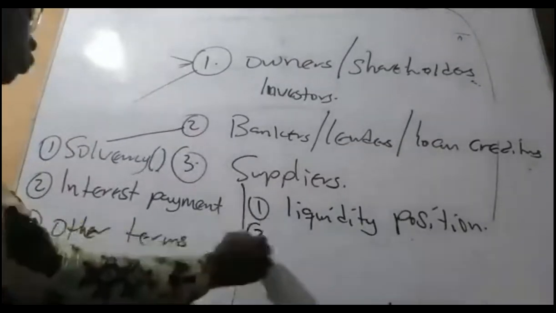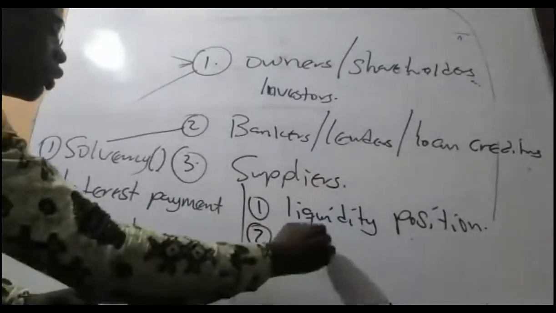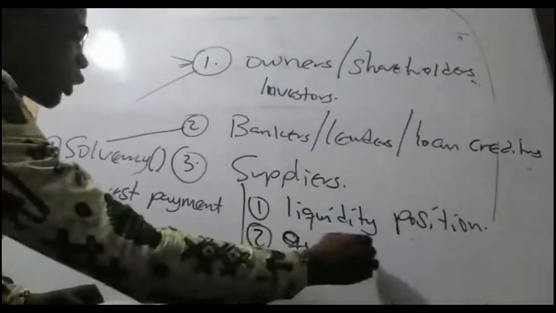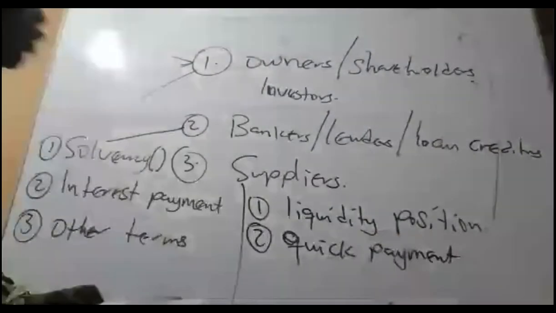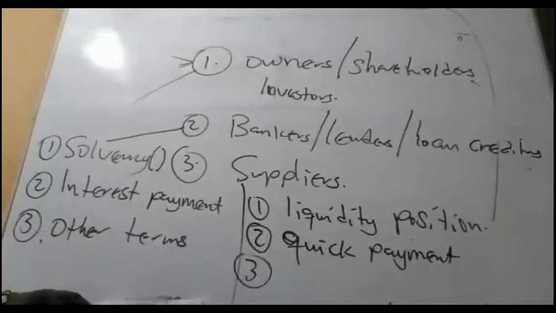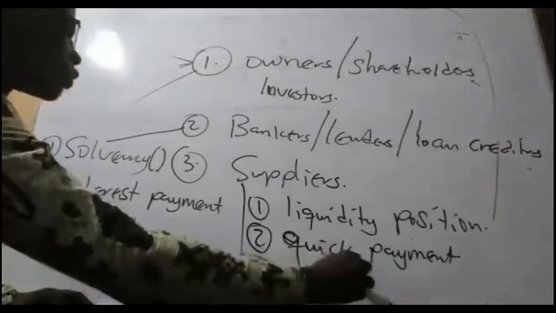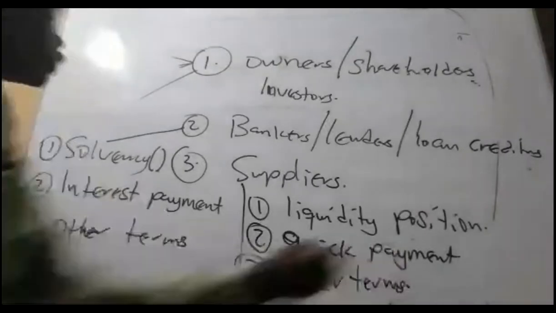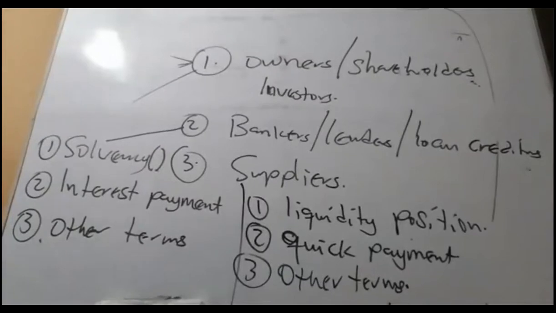Two, quick payment or prompt payment. And three, complying with the other terms. That is all. So that is the answer to the question.